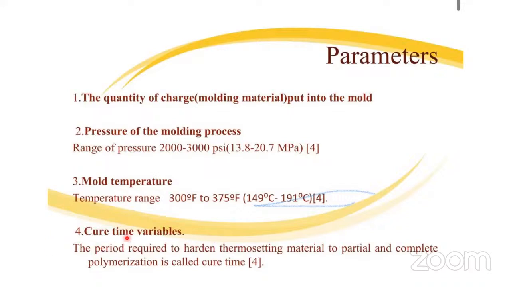Cure time means hardening time. The chains, how do they get compact? What is the time to compact the chains? The period required to harden the thermoset material to partial and complete polymerization is called the cure time.